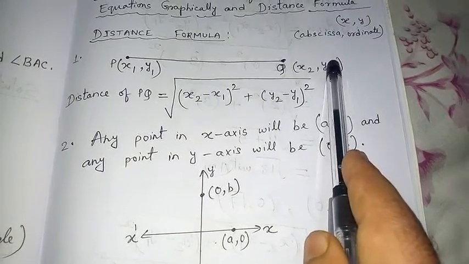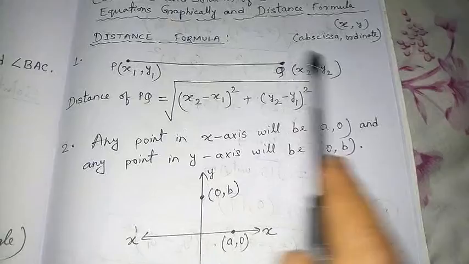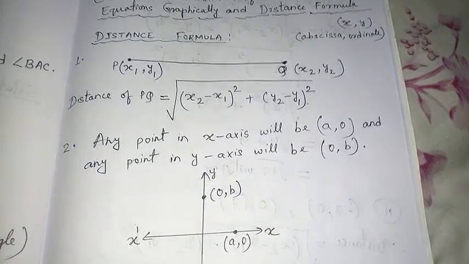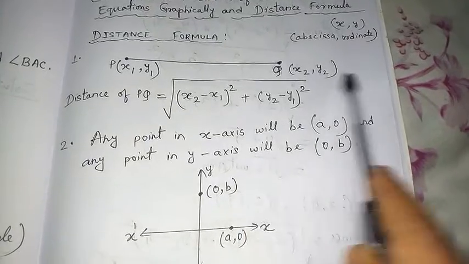That means I have to take the first value of both points, second point's first value and first point's first value, that is, the abscissa. Then y2 minus y1, this is also the ordinate, this is also the ordinate. So y2 minus y1 whole square, and root over.